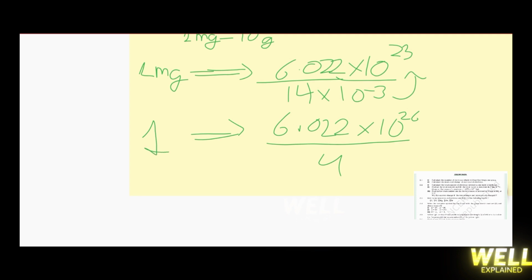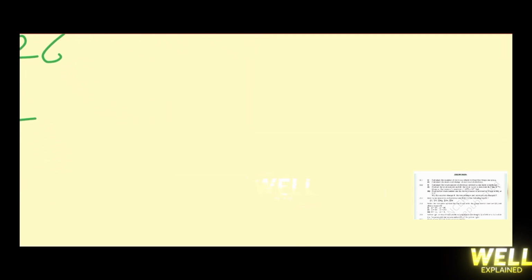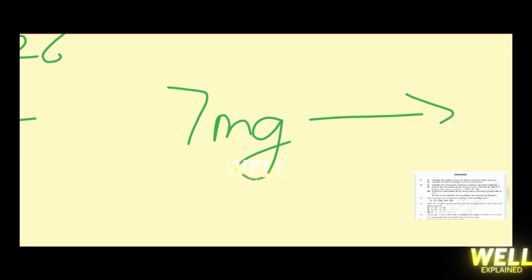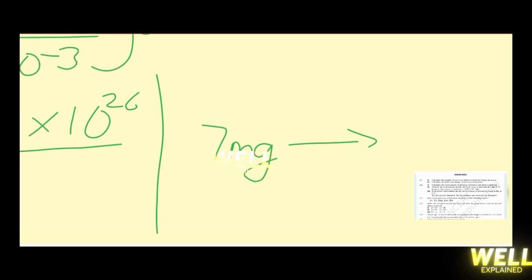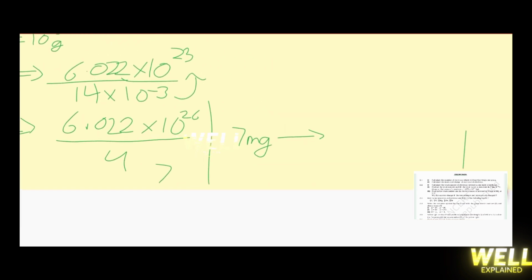This is 1 milligram. In the question we have been given 7 milligram. So for 7 milligram I will multiply both sides by 7.